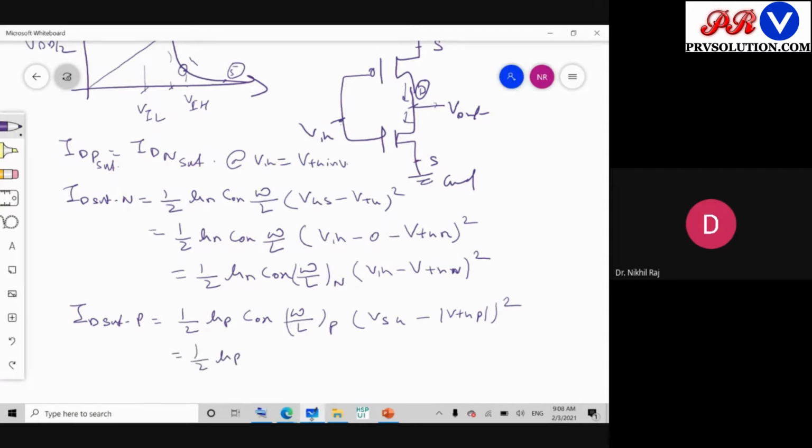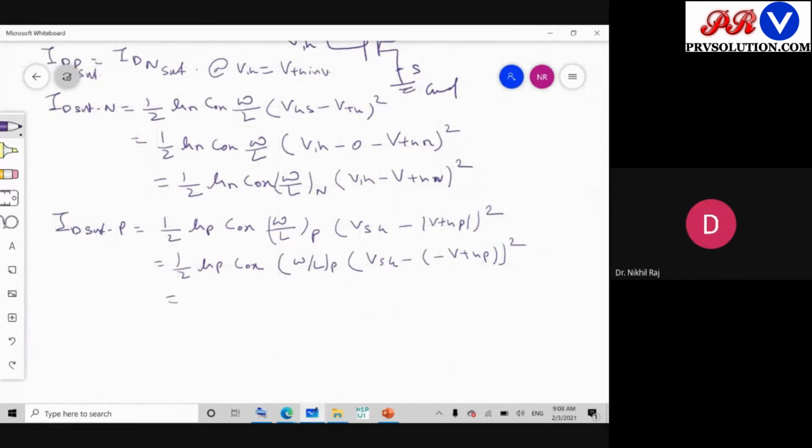Half mu P Cox W by L of P times (VSG plus VTH of P) whole square. So you have to take care when you are taking mod and when you are removing mod. So this is my second equation.